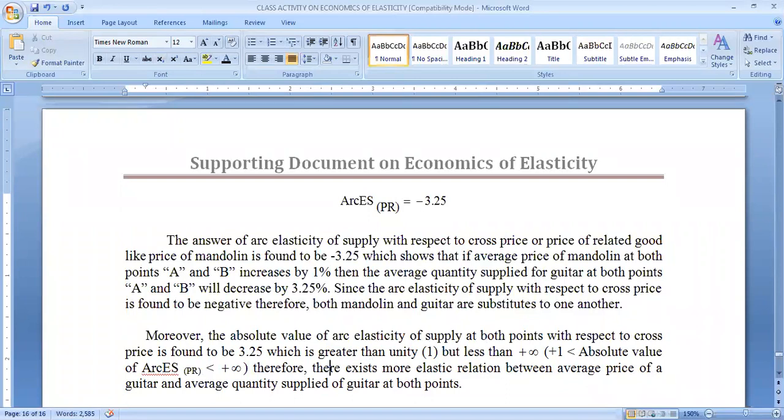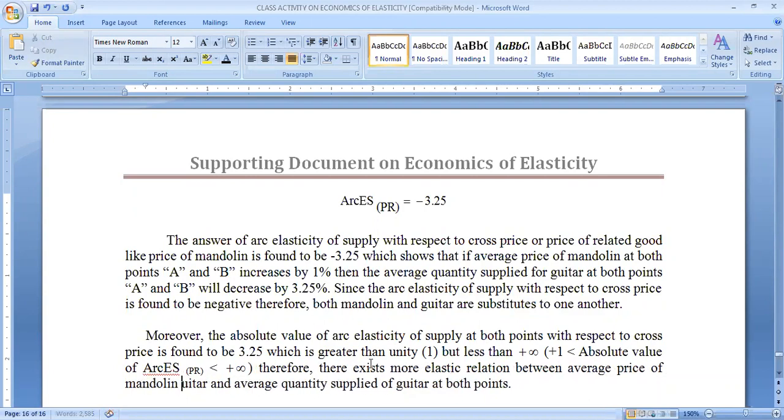Therefore, there exists a more elastic relation between the average price of mandolin and the average quantity supplied of guitar at both points.